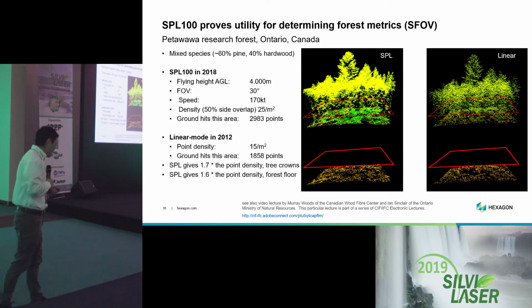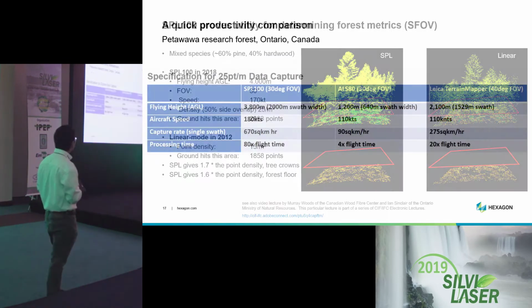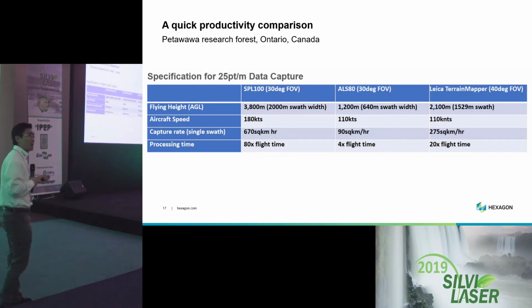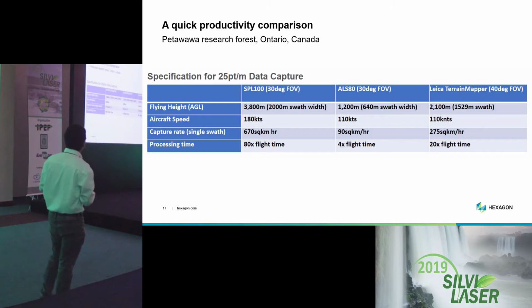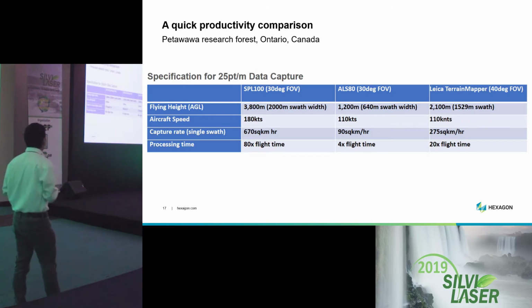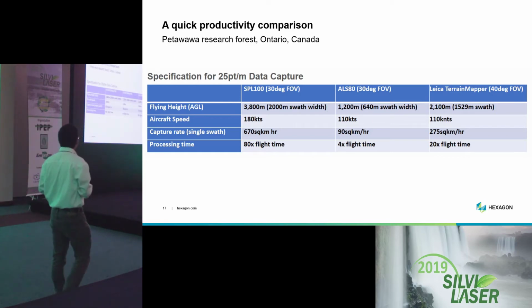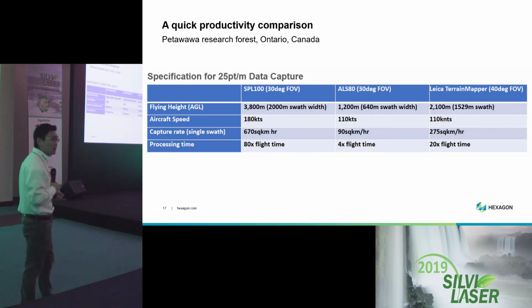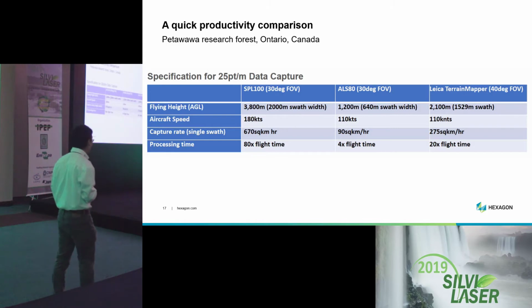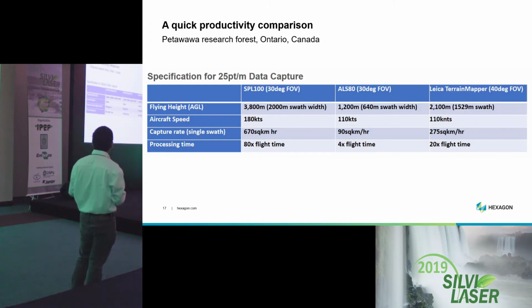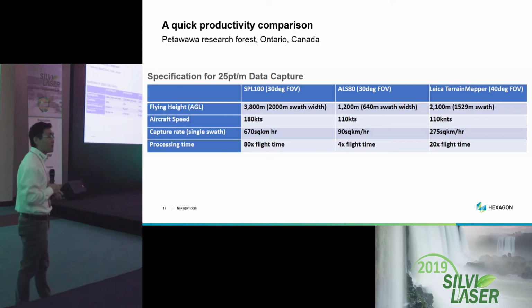And this slide is really interesting for me. It's research that was done, and this is an extraction from this video lecture. They did a very quick comparison on productivity using as a baseline 24 points per square meter. With the standard SPL with the 30 degrees field of view, they are flying almost at 4,000 meters above ground with 2 kilometers swath coverage, and the productivity is around 607 square kilometers per hour.